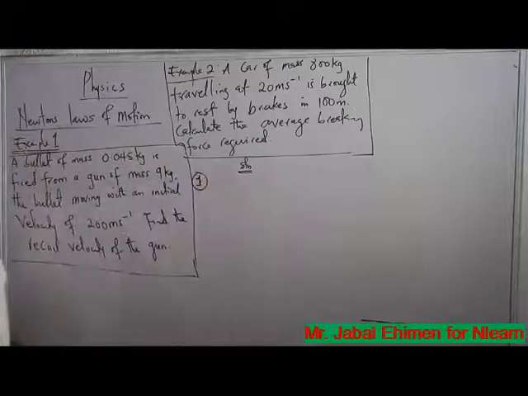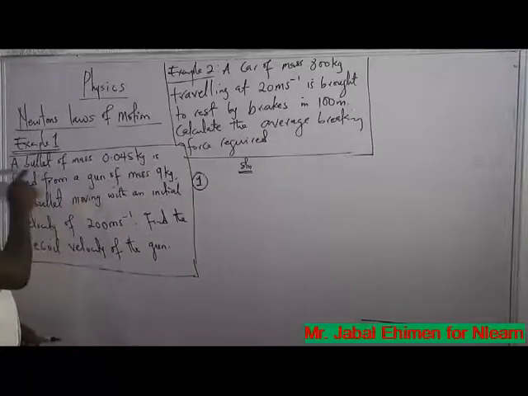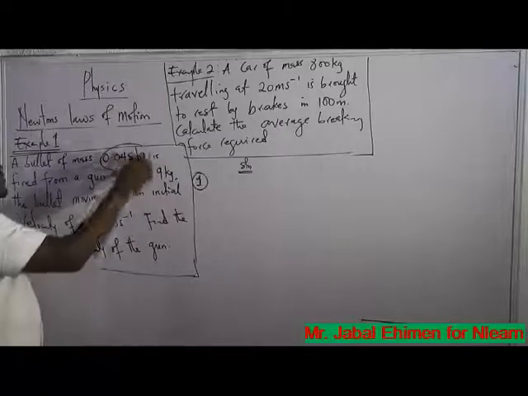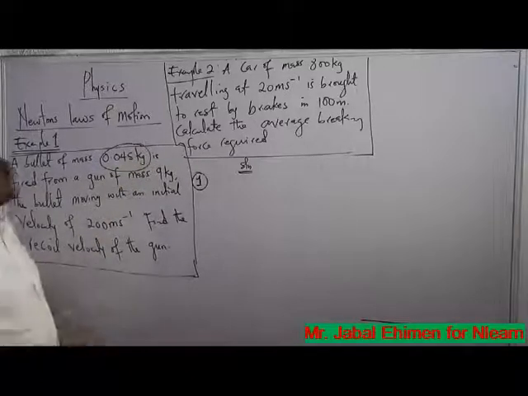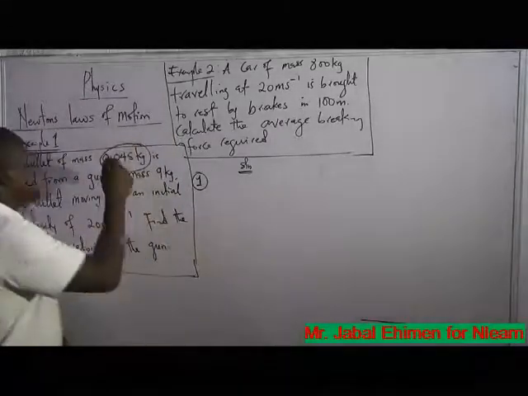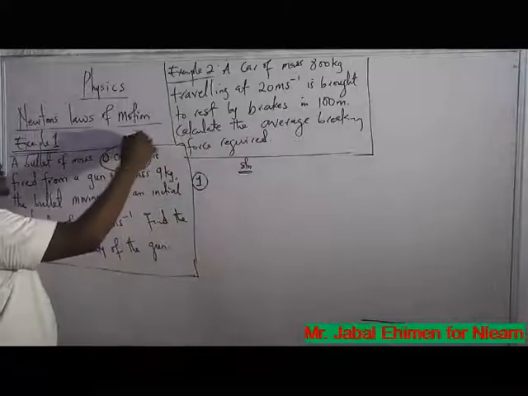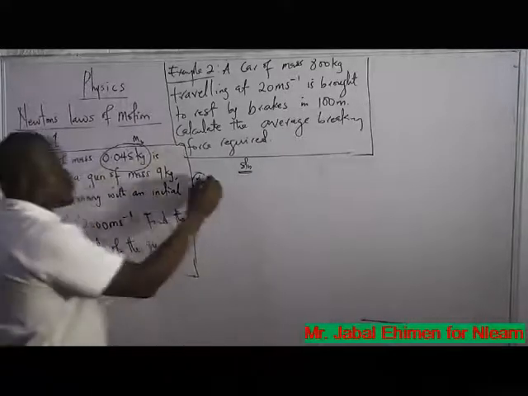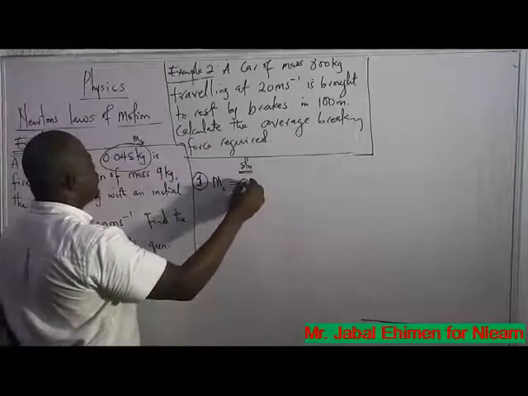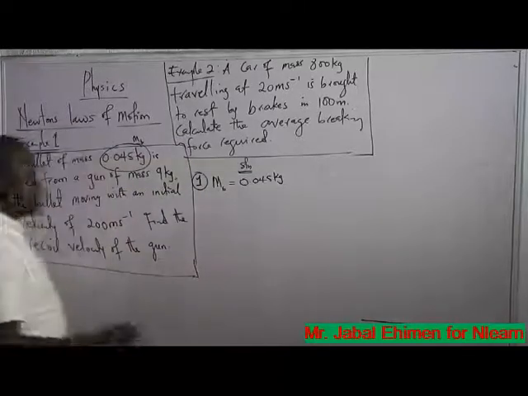A bullet of mass, this is the mass of the bullet. You mark it out. It's my usual way of solving questions. So this value here is the mass of the bullet, which is 0.045 kg.